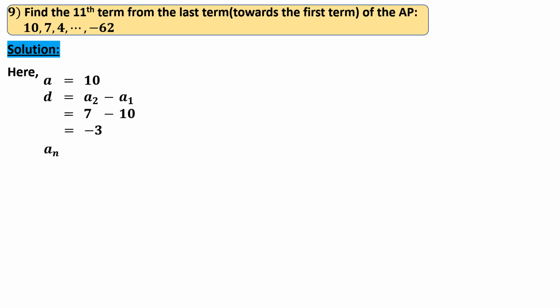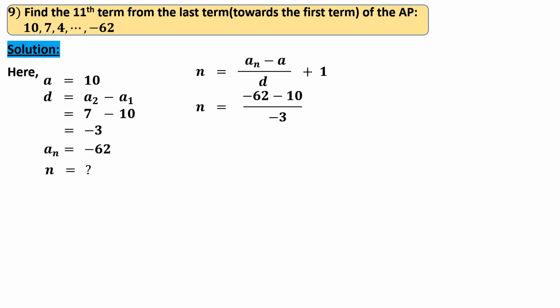This is minus 3. Now, AN equals minus 62. N equals what? We need to find N. Let us use the direct formula, N equals (AN minus A) divided by D, plus 1. N equals (minus 62 minus 10) divided by minus 3, plus 1.